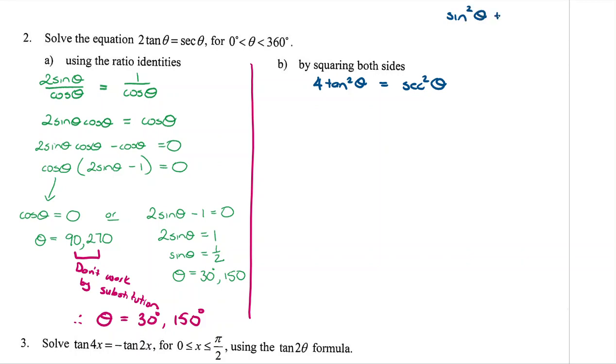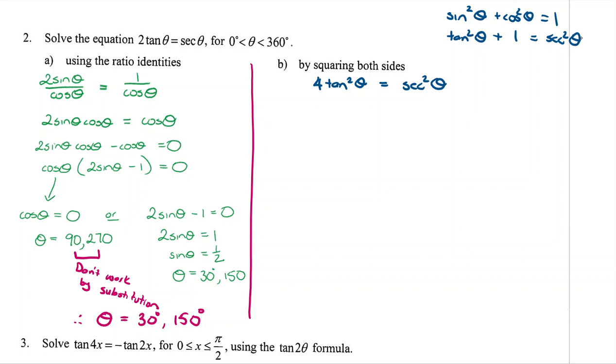So sine squared theta plus cos squared theta equals 1 is the one that is on your formula sheet. But we obviously want one involving tan and sec, which means you want to divide that equation through by cos squared.